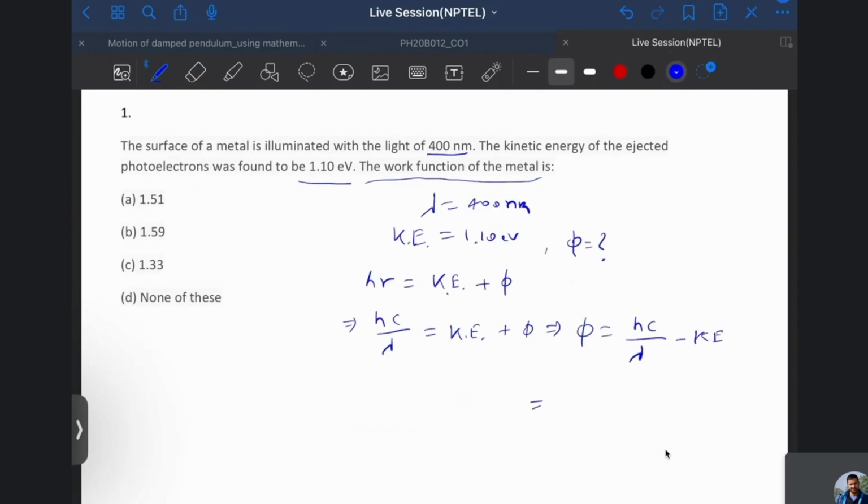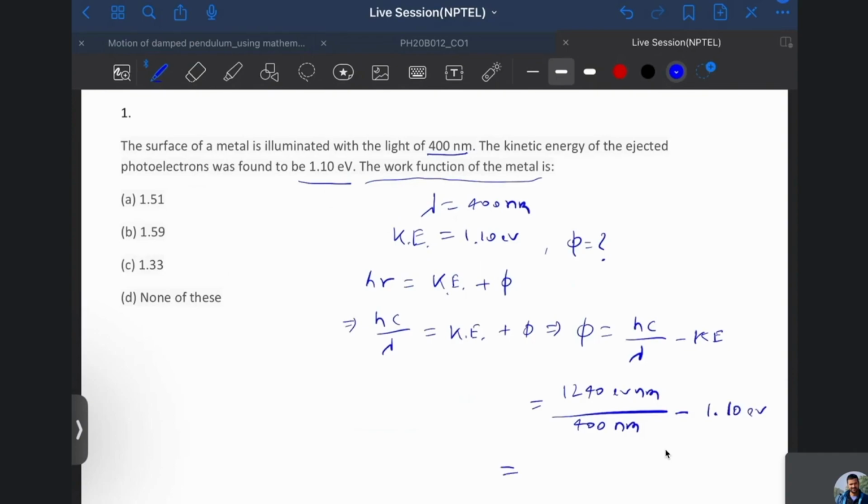Now here you see, for hc we can write 1240 electron volt nanometer, and lambda is given 400 nanometer, right? And kinetic energy is given 1.10 electron volt.